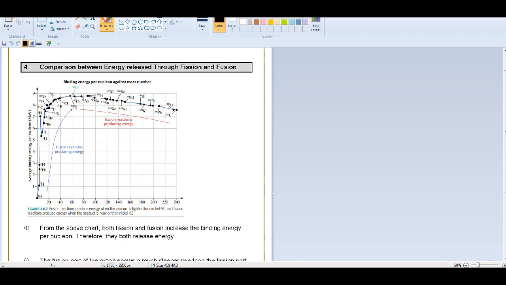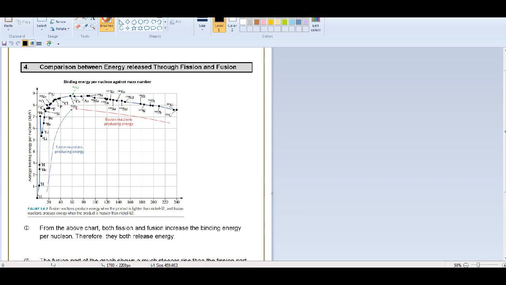Fission comes from the end of large mass number, that means the heaviest nuclei, so it becomes smaller by doing fission. When it becomes smaller, you go to the middle part of the chart, where the average binding energy per nucleon becomes higher. That means it becomes more stable.